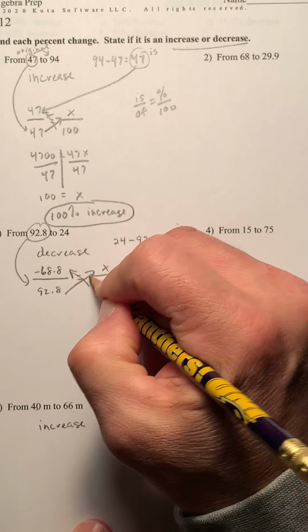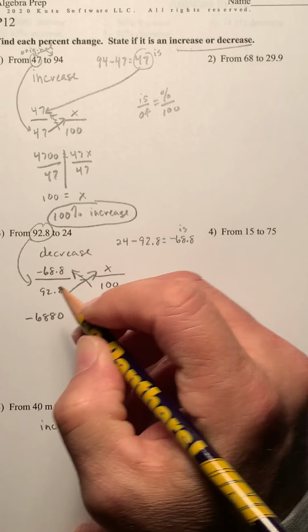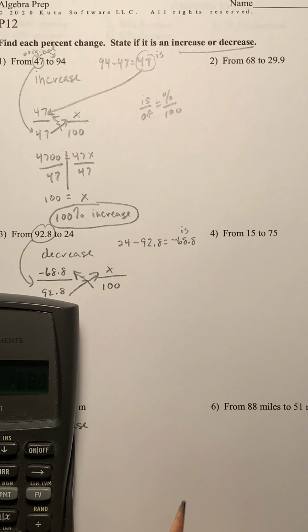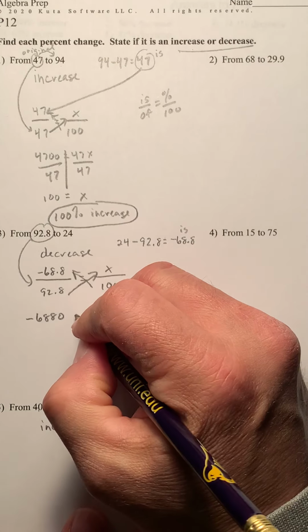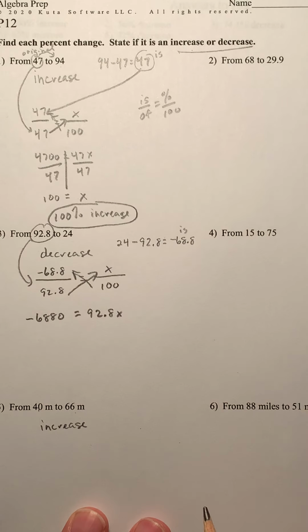We're going to cross multiply. We get negative 6,880. If you need to double check that, we're going to take our number that I have on my calculator right now, multiply it by 100. There you go. Is equal to 92.8x.